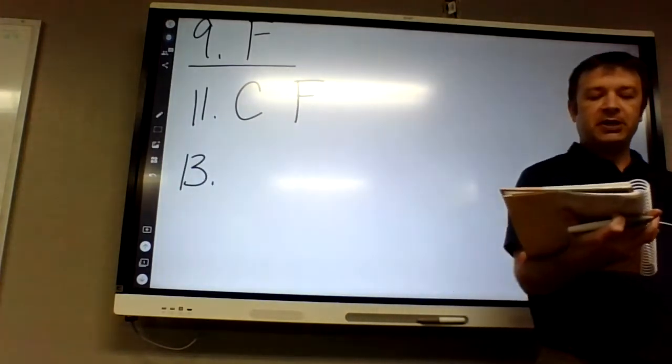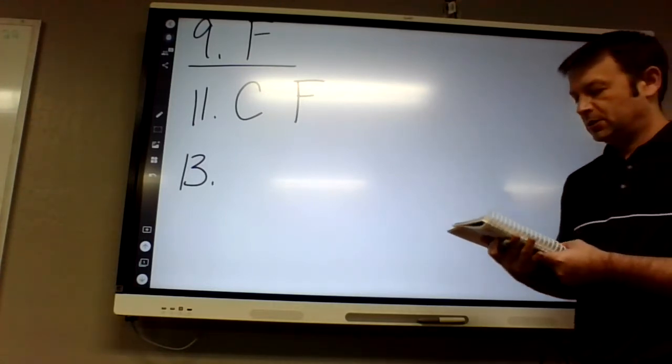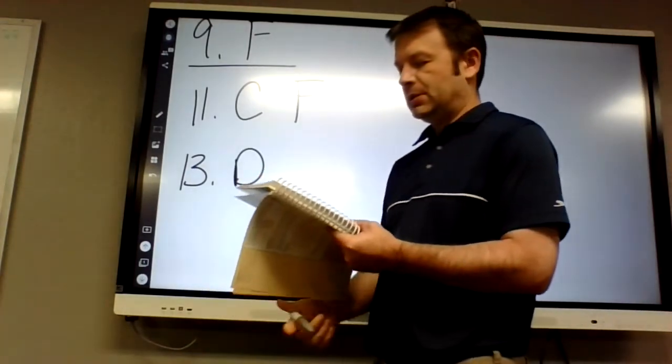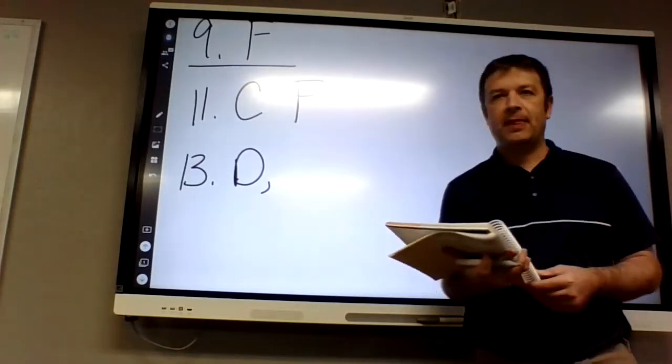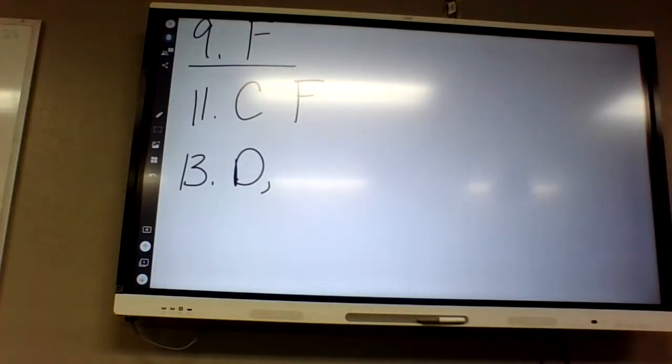13. 12 minus 5 equals 9, or 12 equals 2 times 6. Conjunction or disjunction? Disjunction, because of the or. Is it a true statement? This one might trip you up, I don't know.